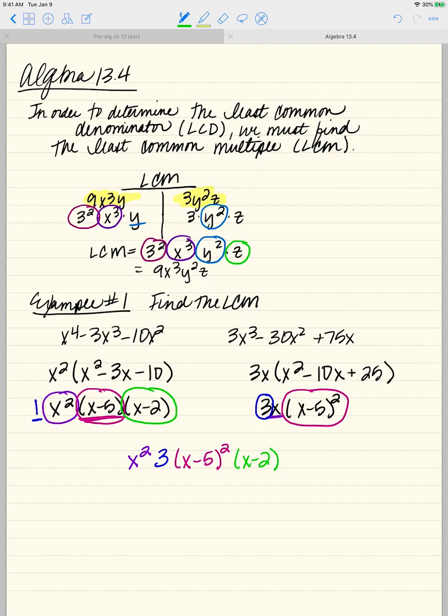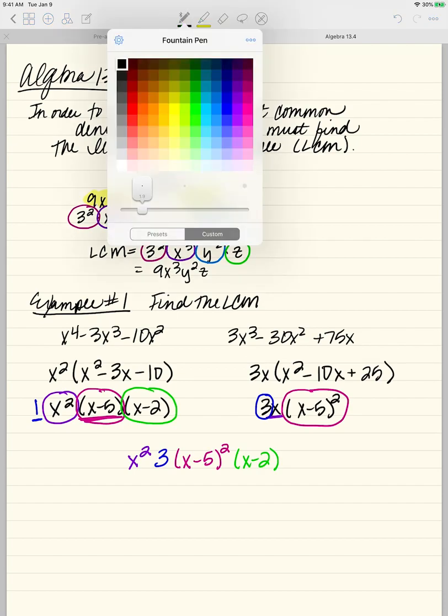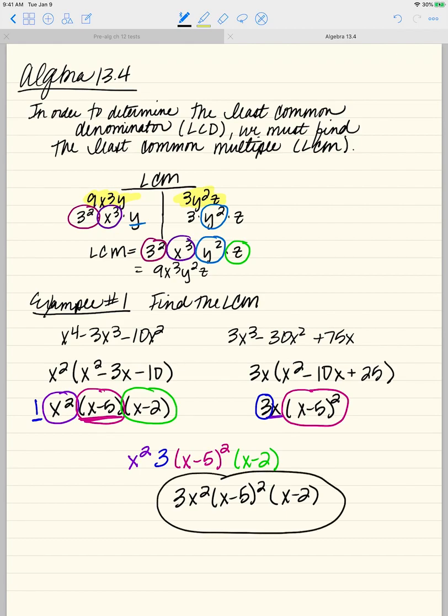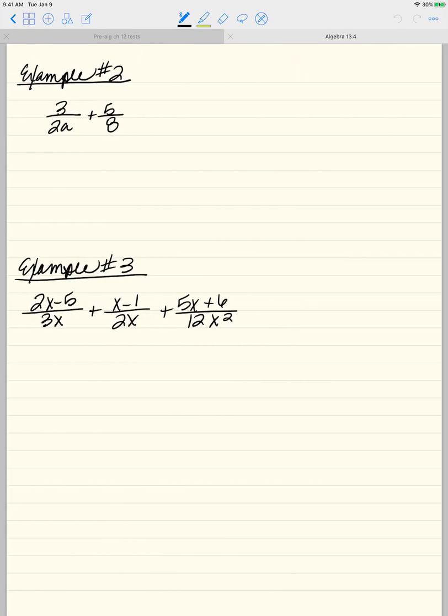So we have x minus 2, and now I'm just going to rewrite that so that it makes sense: 3x squared times x minus 5 squared times x minus 2. This is the least common multiple of this expression and this expression.